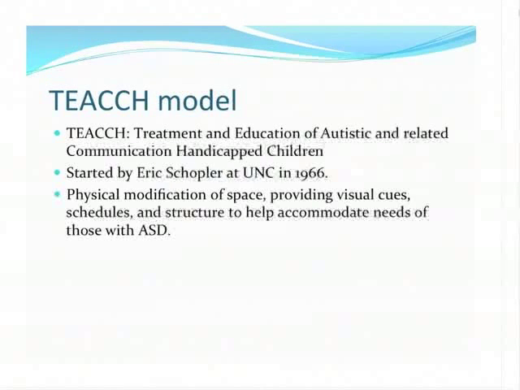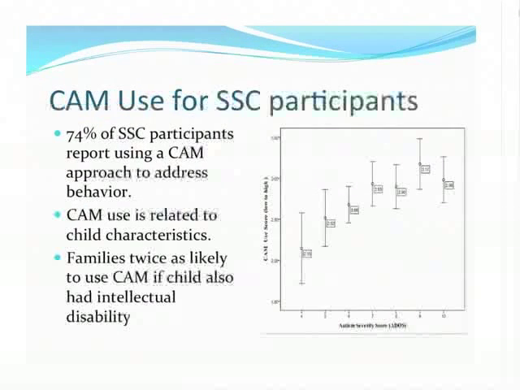The major premise of this model is physically modifying a child's learning environment by providing additional visual cues, the use of schedules, and additional supportive structure that's really going to help and improve outcomes for children with ASD. Over the years, and certainly based on this review, this approach seems to be very effective for improving cognition, but not only cognition, also motor skills for children with autism. Just want to highlight that model.